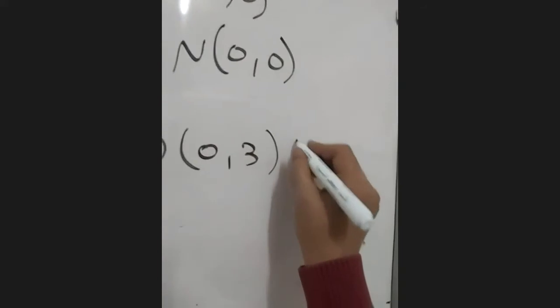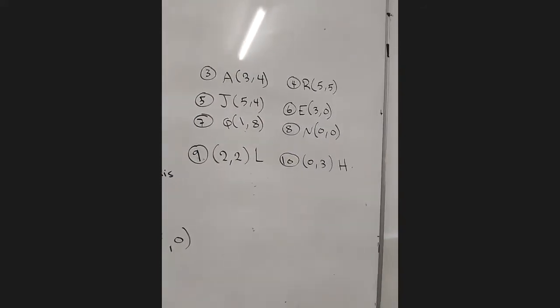Yes, mister. Question 10. 0 will go to the origin, and then go up to 3. It's H. The answer is H. Excellent boy. This is question 10. Question 11.